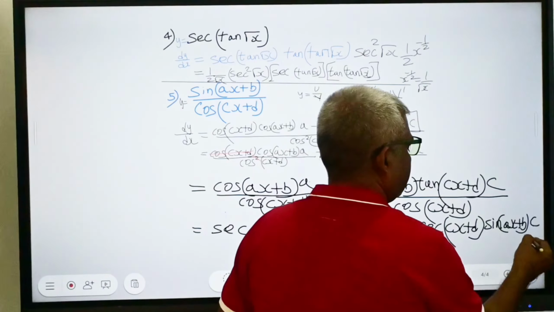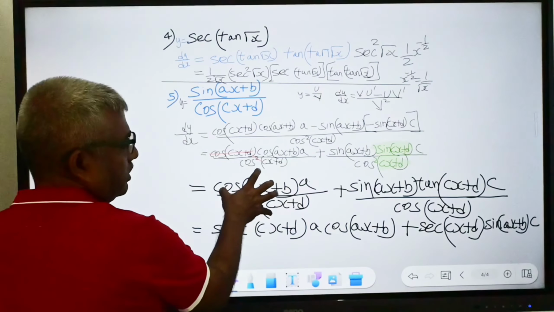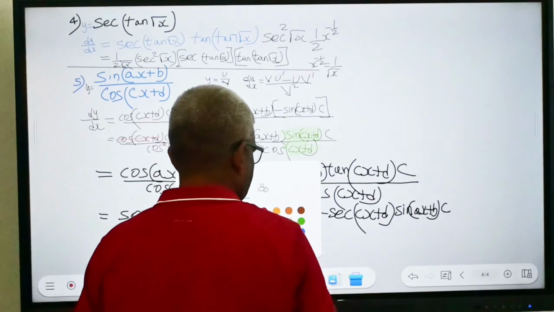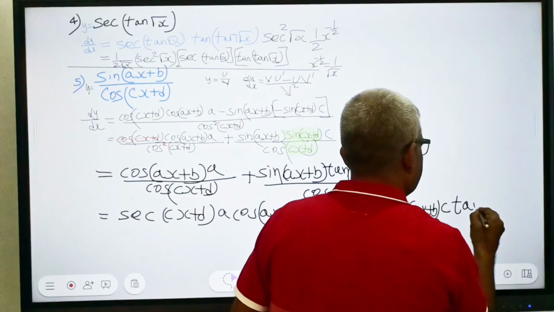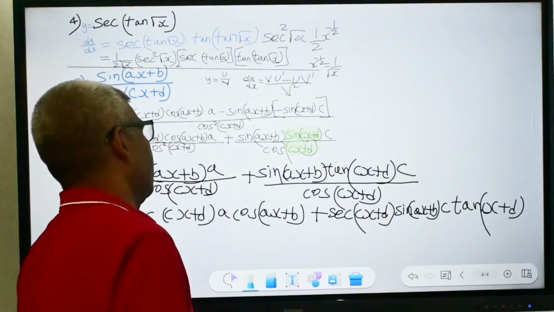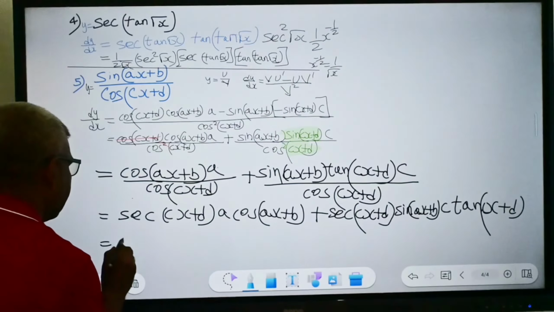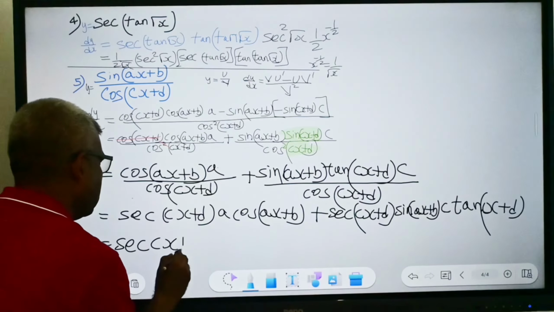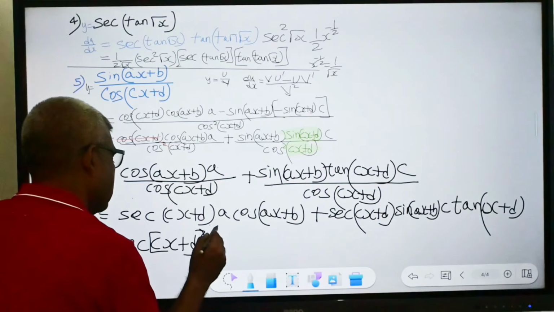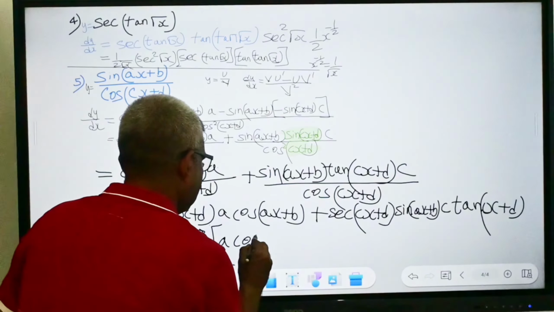then tan, copy down until now. Then tan(cx+d). Okay. Then take out secant(cx+d), a cos(ax+b).